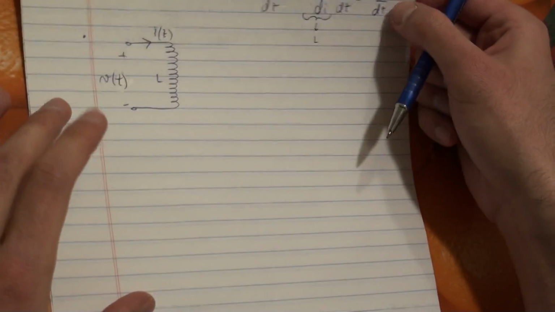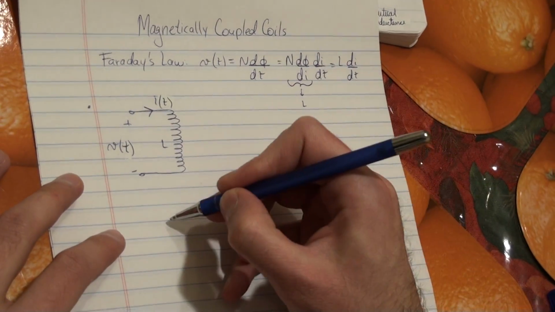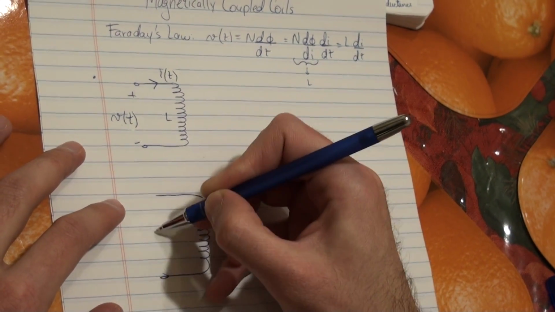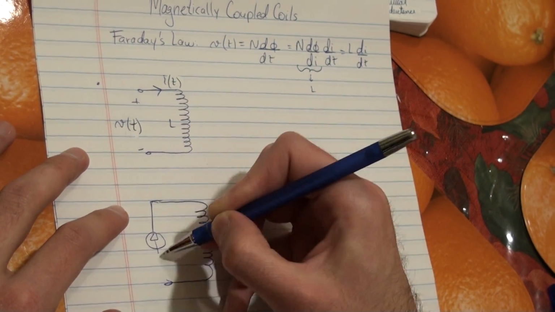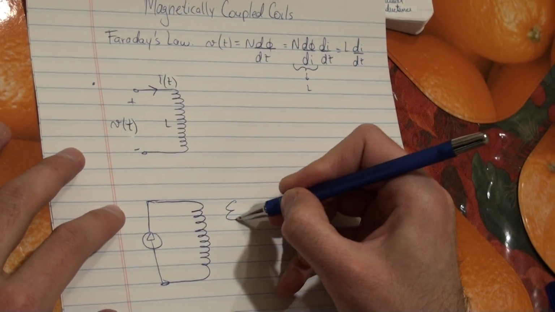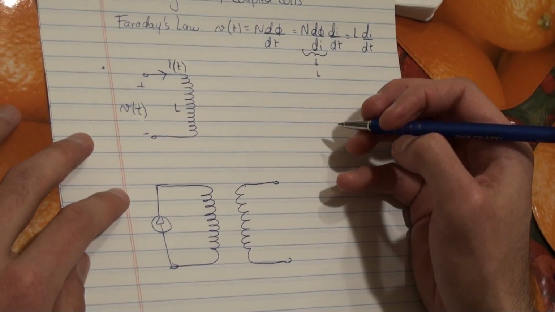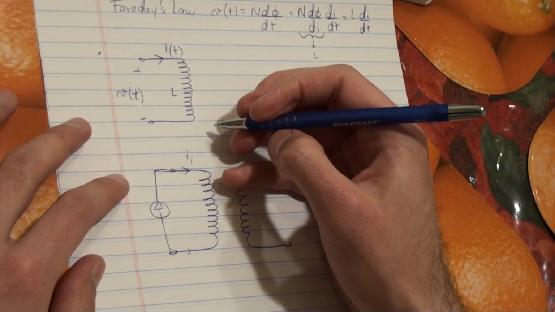So let's say we have two inductors next to each other. Let's say one of them is powered by a current source, and the other one is left open. The current in here is I1.